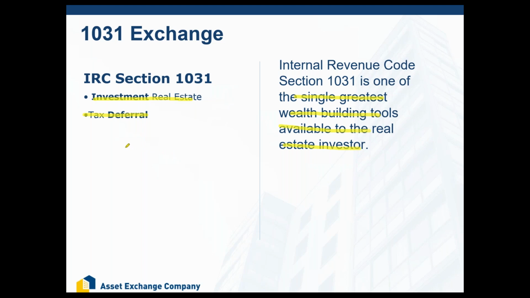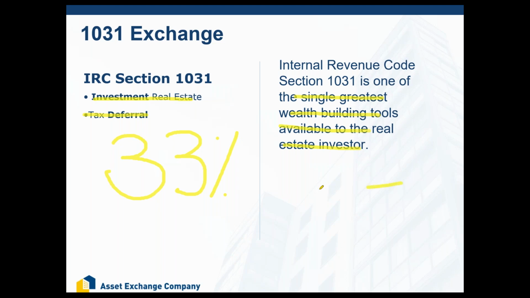Now, why is that a big deal? Well, it's a big deal because if you don't do an exchange, about 33% of your gain goes to the government. So if you just cash out of your property and decide not to exchange, you're going to face a 33% effective tax rate. It could be a little bit less or a little bit more, depending on where you're at in your income levels.